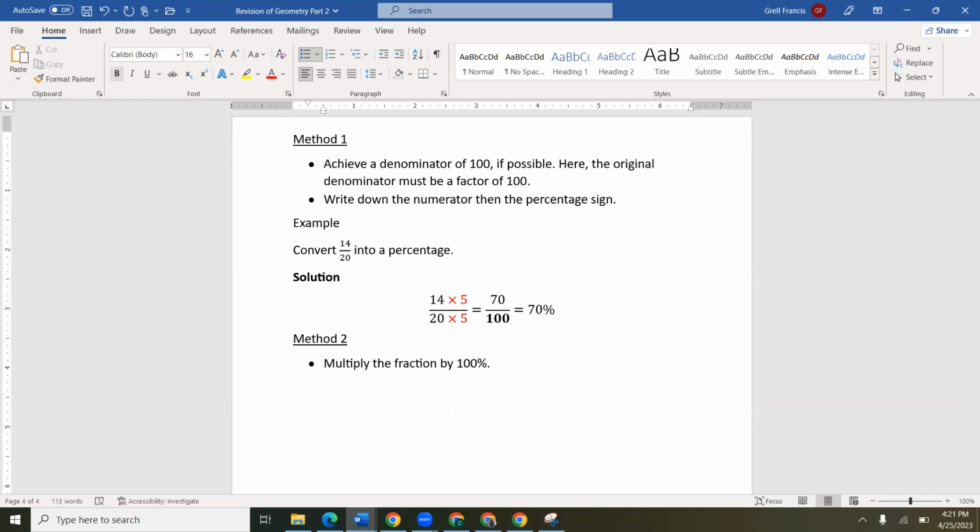Pay attention that I did not say multiply the fraction by 100. Multiply the fraction by 100%. And if you look very carefully, 100% is actually 1. A lot of persons just overlook this, but 100% is equal to 1.